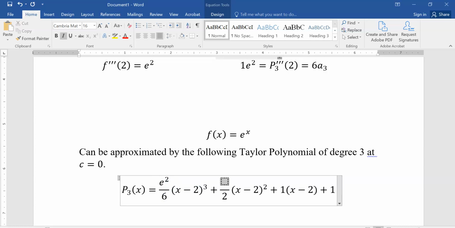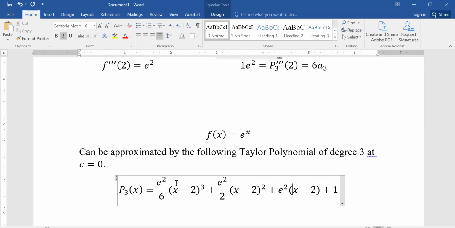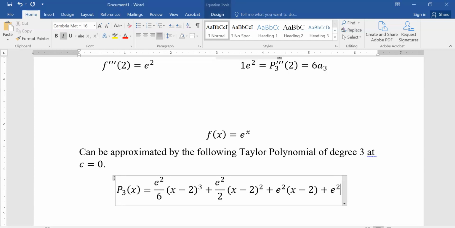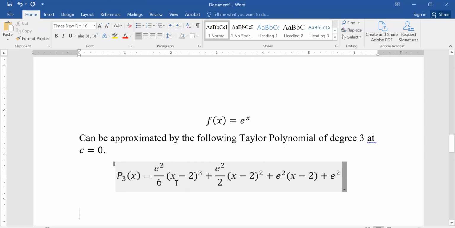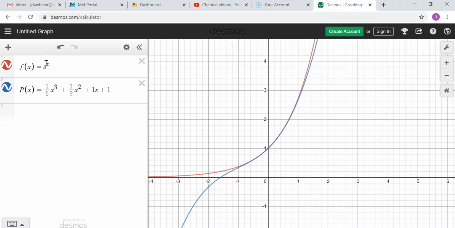Here, e squared over 2, e squared, and then e squared. Whew. That's a long process, but you can see that this is going to approximate f of x equals e to the x really closely, centered at 2. And we can take a look at the graph if we'd like.